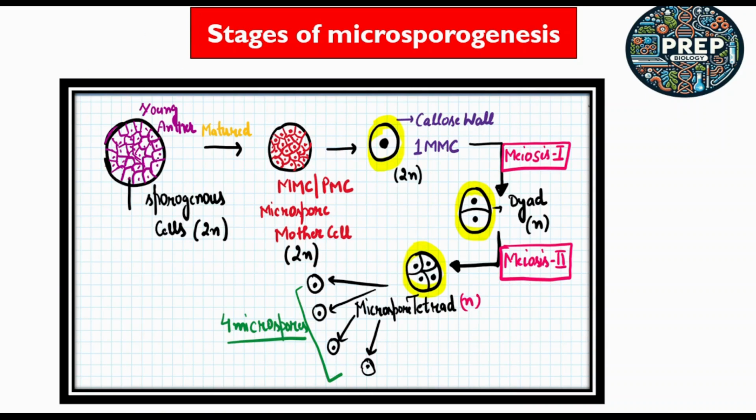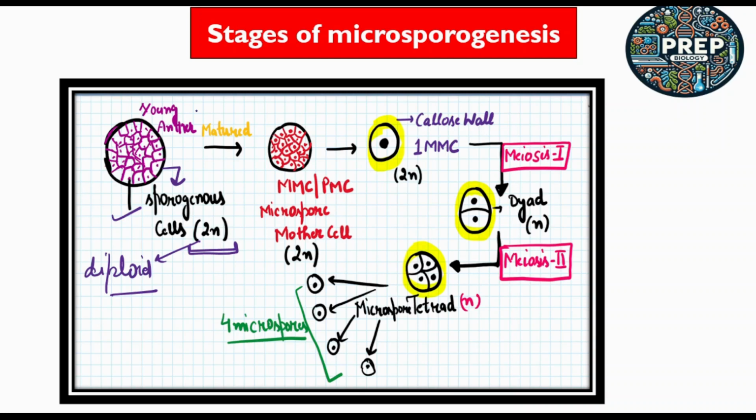We have already discussed that the young anther contains a number of sporogenous cells whose ploidy is 2n. These sporogenous cells are diploid in nature. Inside the microsporangia we have a number of compactly arranged homogeneous cells. Those homogeneous cells are called the sporogenous cells.